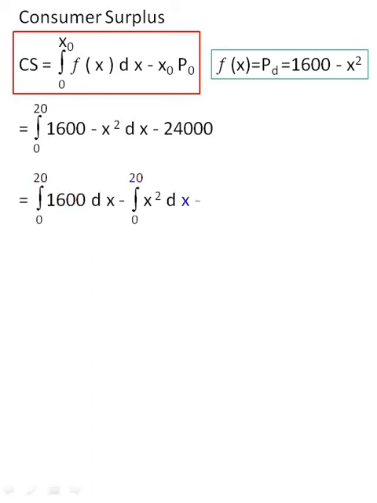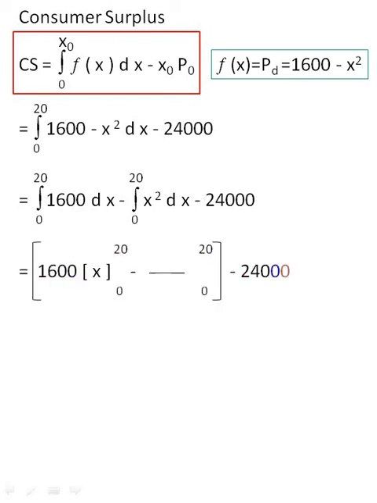On solving 0 to 20, now we have to separate and solve. Integral 0 to 20 1600 dx, minus integral 0 to 20 x square dx, minus 24,000. So first we have to integrate separately. On integrating, for the first part here we are using the second basic rule of integration, 1600 x from 0 to 20, minus, here we are using the first basic rule of integration.